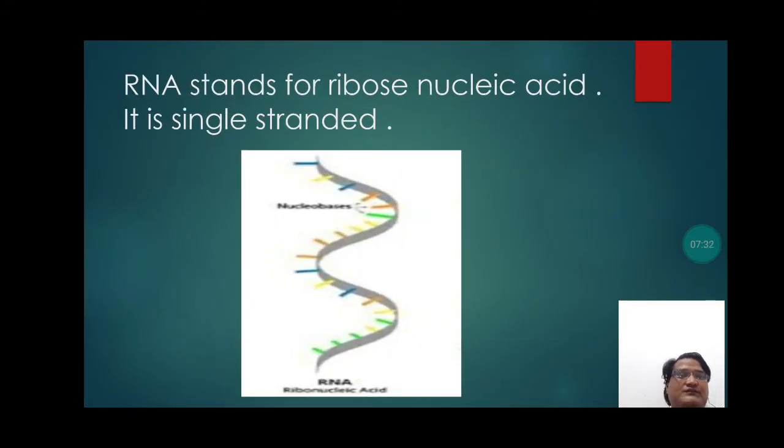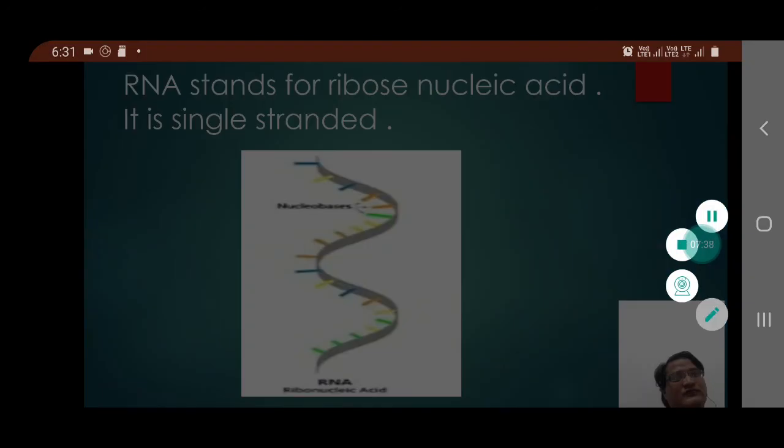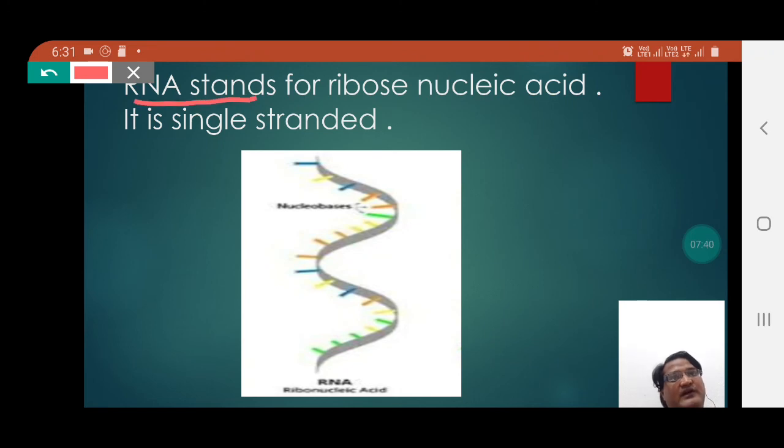RNA stands for ribose nucleic acid. It is single stranded. So students, here you can notice that RNA is a single stranded structure, which is also represented in this picture.